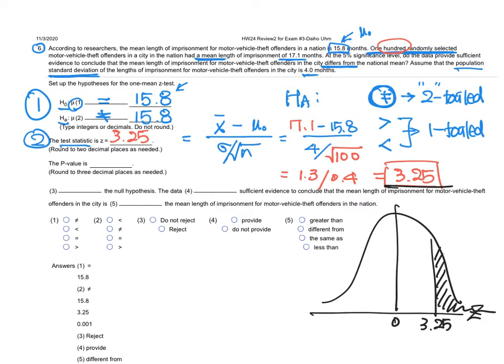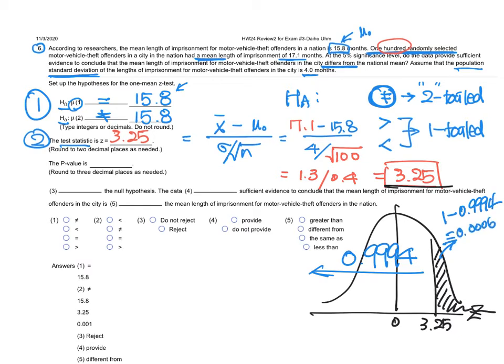From the z table, I need the probability at positive 3.25. I can see a probability of 0.9994, but that is the left-hand side. So the right-hand side must be 1 minus 0.9994.